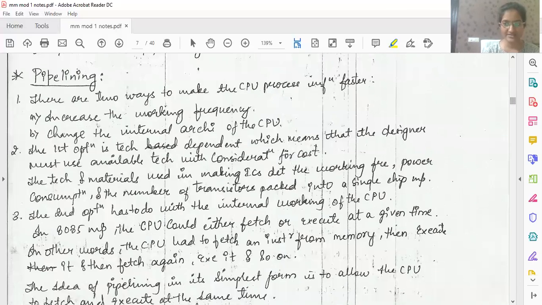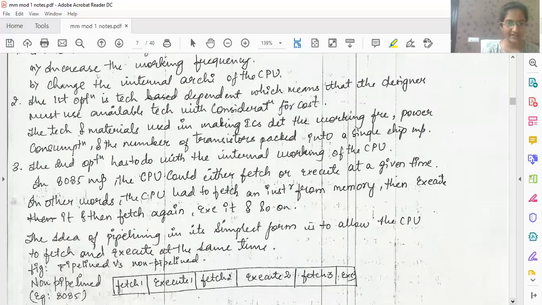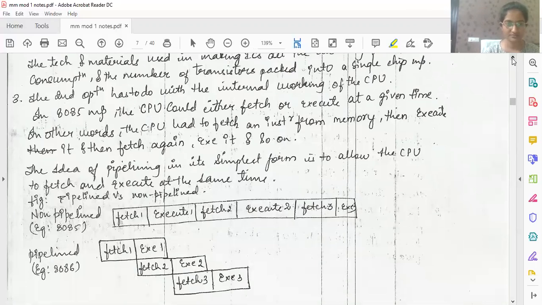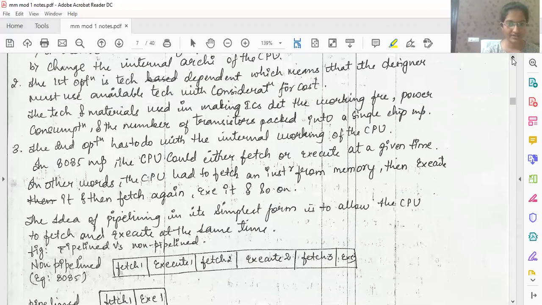As we know, in 8085, we have seen the CPU could either fetch the instruction at some given time, or it could execute a particular instruction at a particular given time, right?